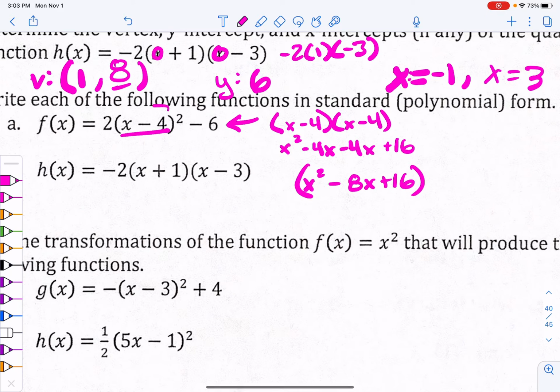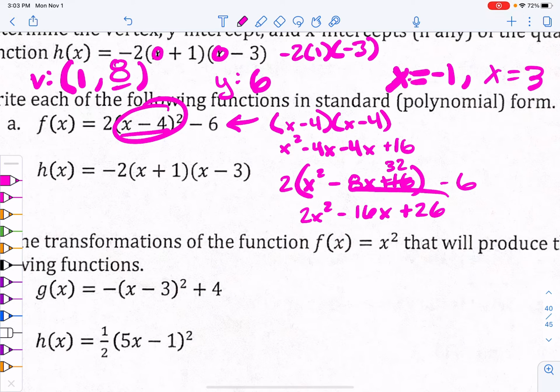That's what this guy comes out to be. Then we're going to distribute a 2 through and subtract a 6. So 2x squared minus 16x, and then 2 times 16, this would be 32, but then we're going to subtract the 6 from that, so it's going to be plus 26, and that's what he will look like in standard form.